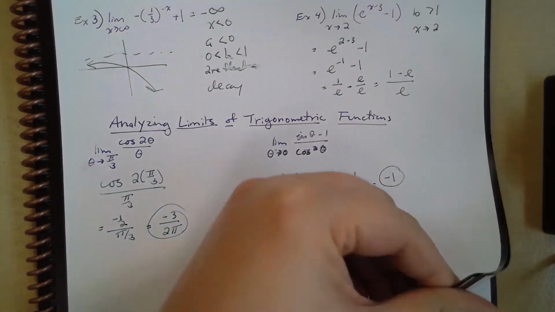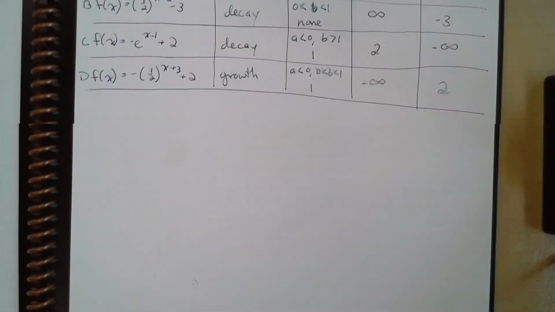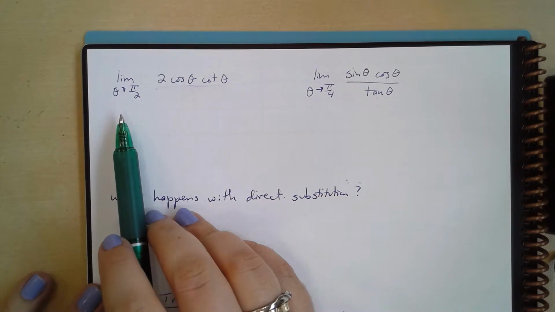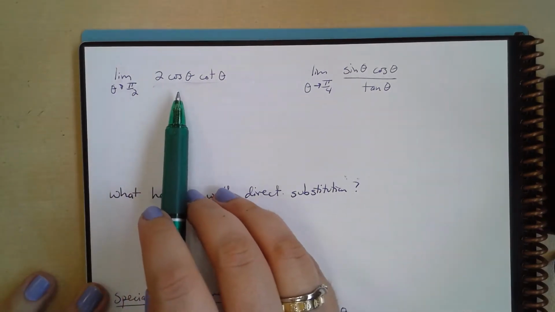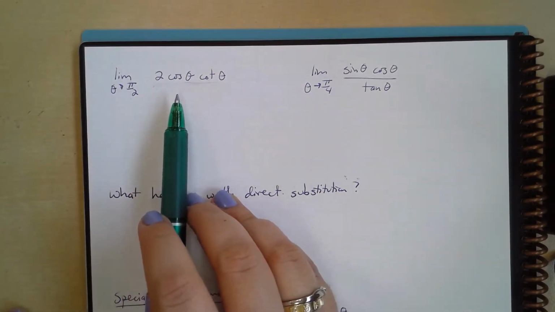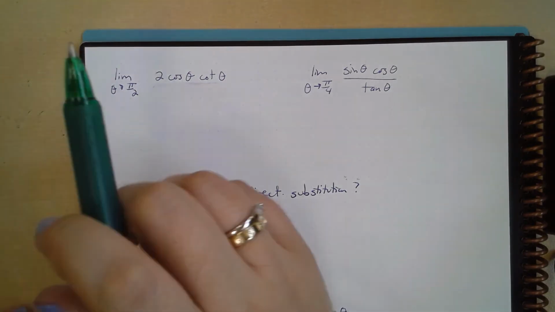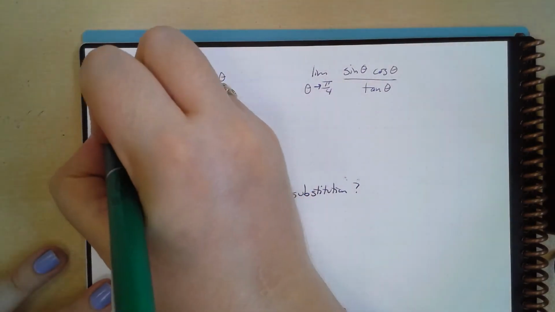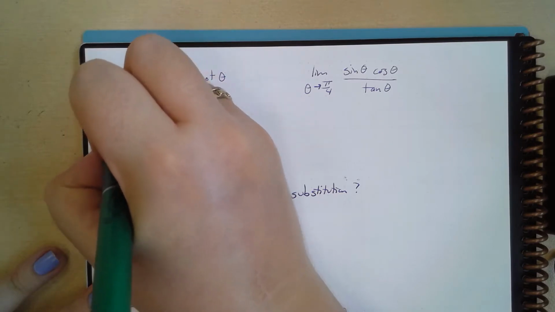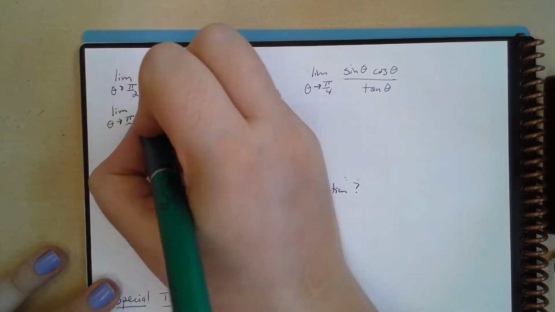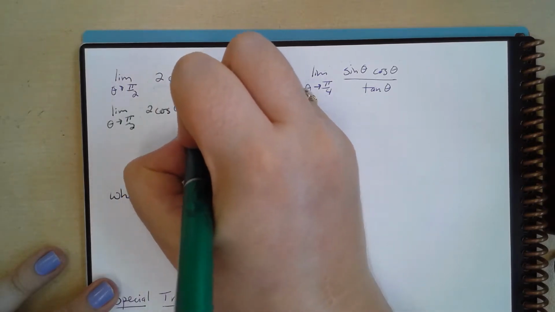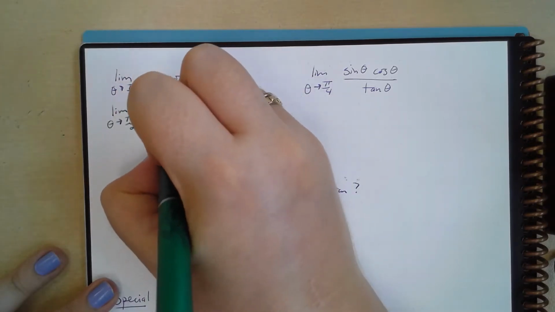So let's move on, make them a little bit more complicated. That's always fun to do, right? What if we have here the limit as theta goes to pi over 2 of 2 cosine theta cotangent theta. Well, this is not quite as direct, so we might have to rewrite this a little bit. I'm going to rewrite this as the limit as theta approaches pi over 2 of 2 cosine theta over sine theta, right?